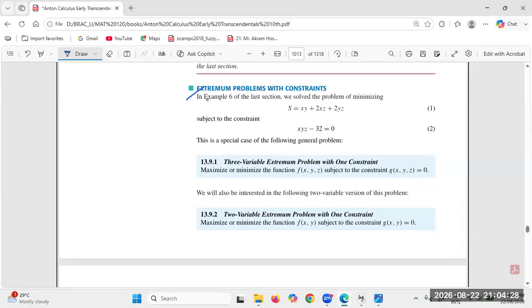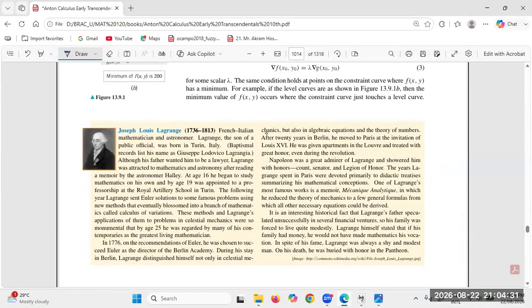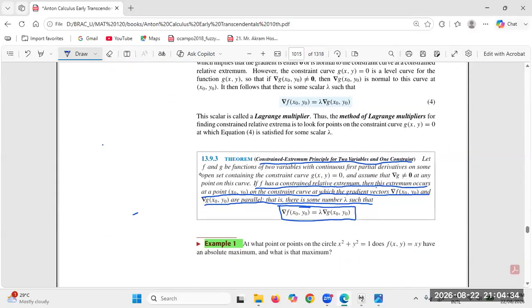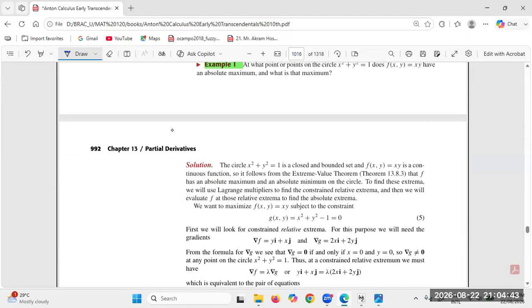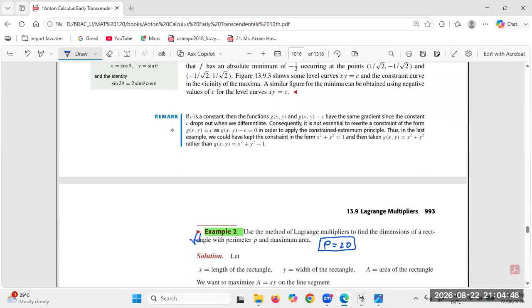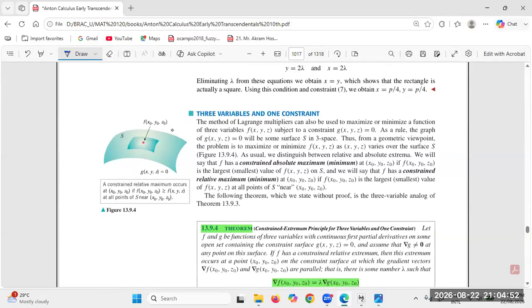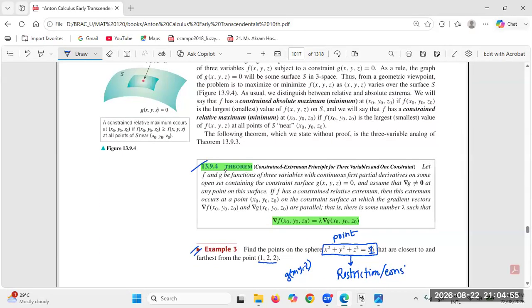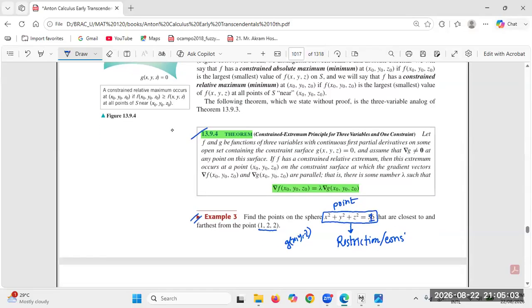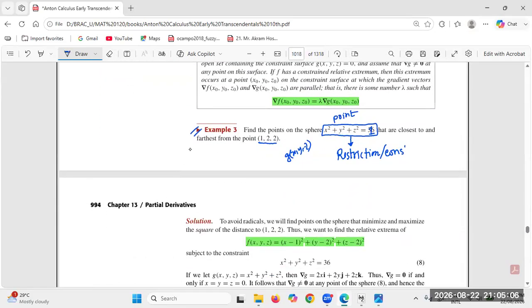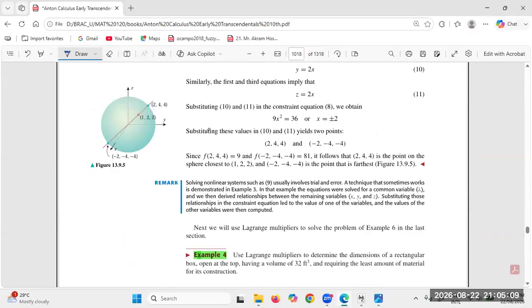We have used theorem 13.9.3 for the two-variable constraint function, and examples 1 and 2 are two-variable problems. Theorem 13.9.4 is again the constrained extremum principle, but in this case we have three variables and one constraint, and we have just calculated example 3.